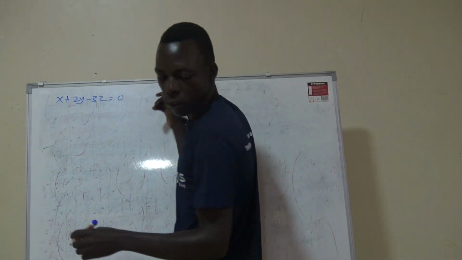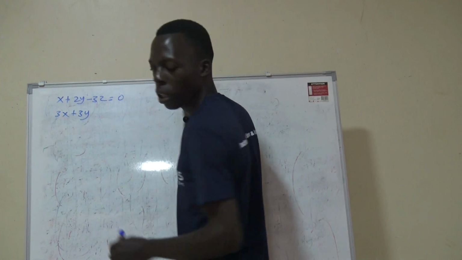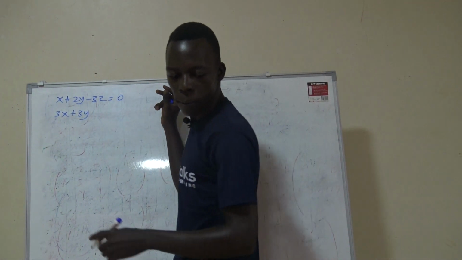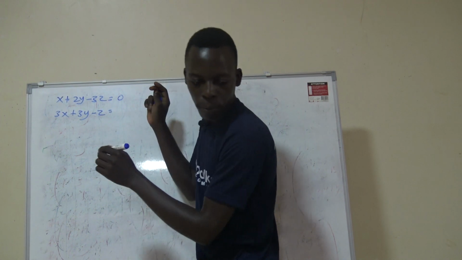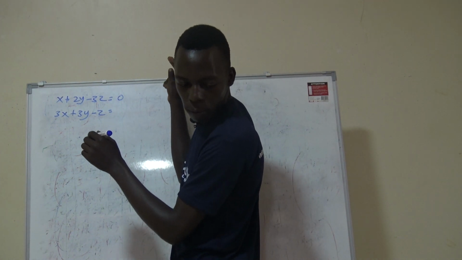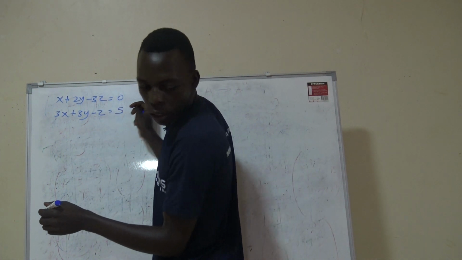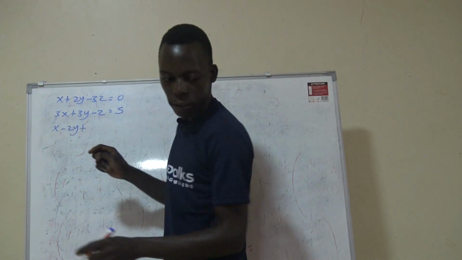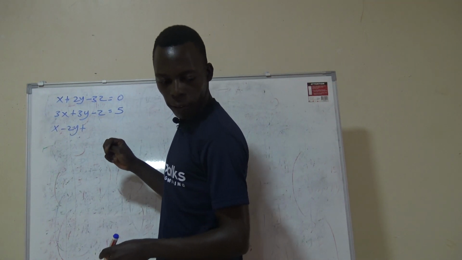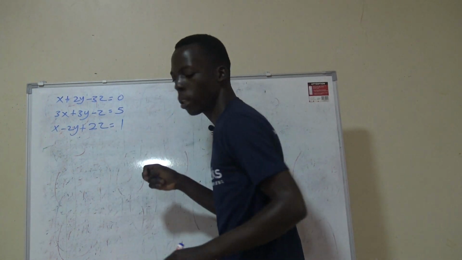Then the other one is 3x plus 3y minus z equals 5. Then the other one is x minus 2y plus 2z must give us 1.